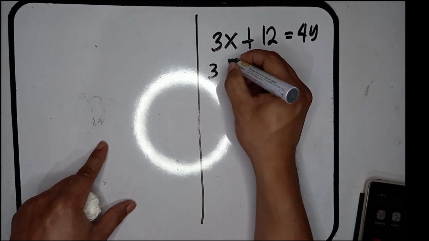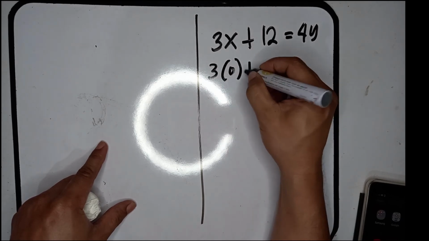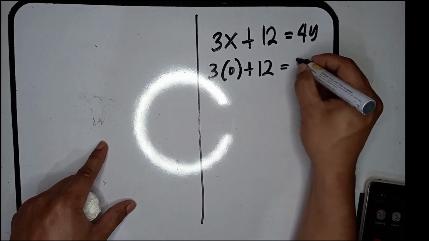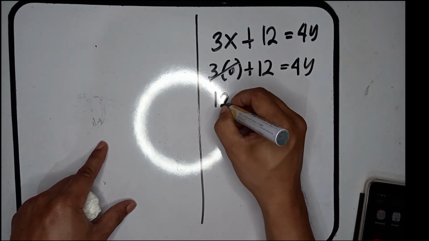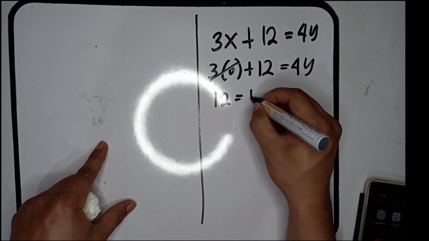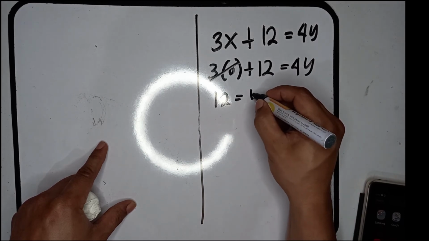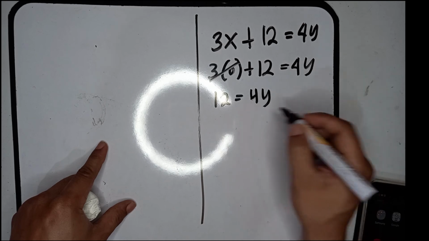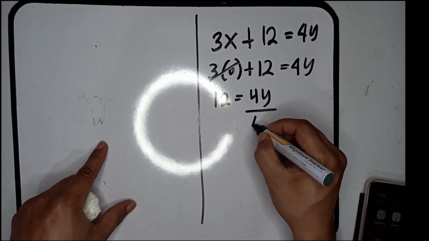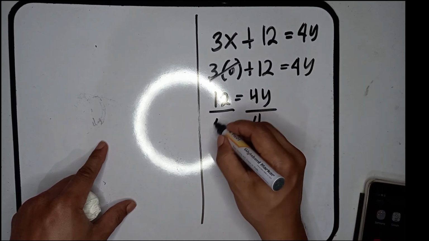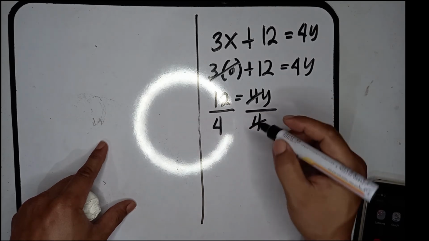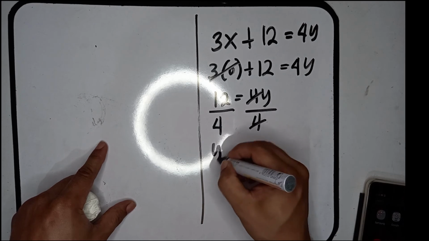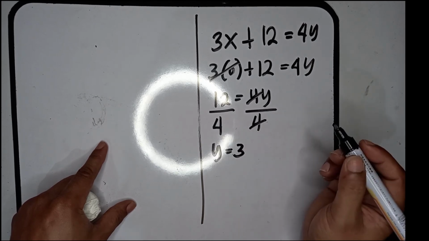So 3 times 0 plus 12 equals 4y. This will go away, so what we're left with is just 12 equals 4y, and then we divide this by 4, so y is equal to 3.